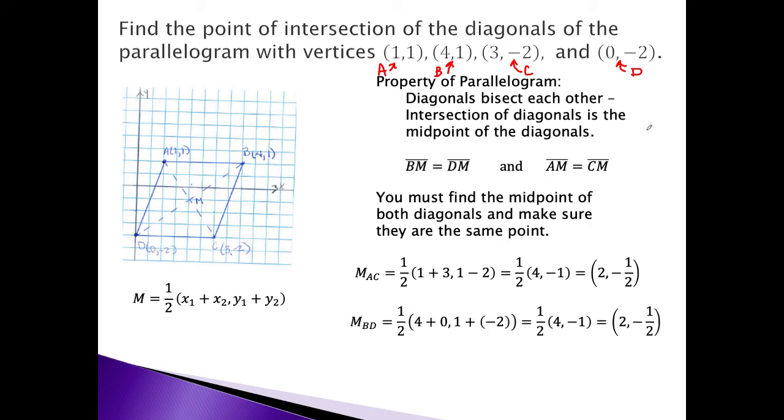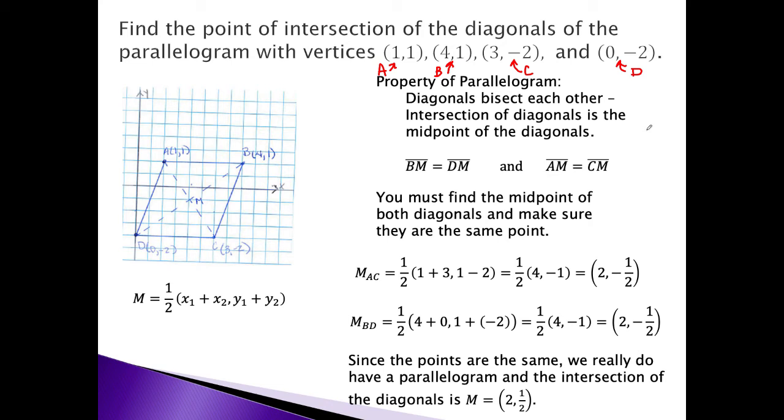The midpoint of DB is 1/2 (4 plus 0), comma, 1/2 (1 minus 2), which is (2, negative 1/2). So those midpoints are the same. Since the points are the same, we really do have a parallelogram, and the intersection of the diagonals is (2, negative 1/2), because those diagonals intersect each other.